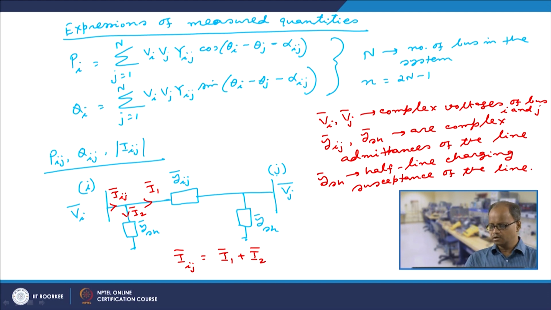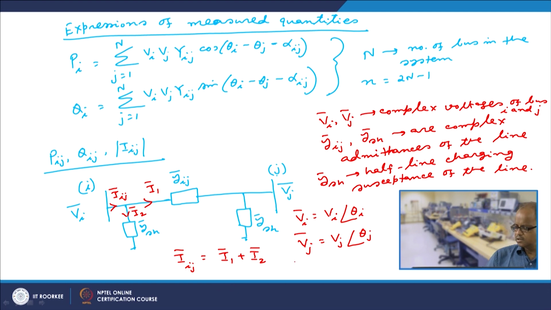And we also should write that Vi is equal to Vi angle theta i, and Vj is also Vj angle theta j, and let's say Yij is Yij angle alpha ij.